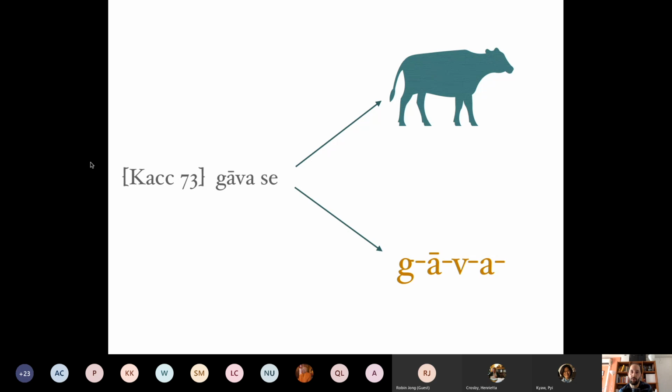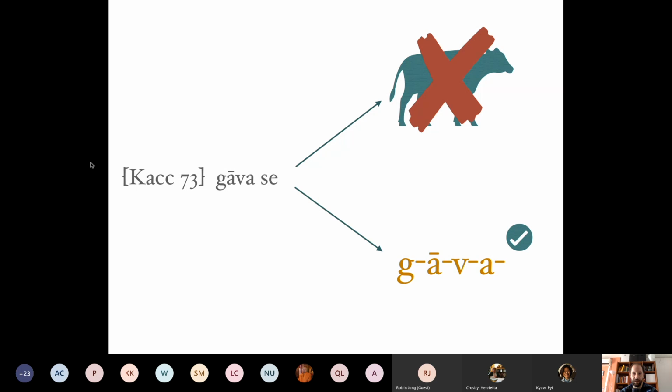But when we are reading a grammar, we may have a doubt here, because if the grammarian is using the word gava, we do not know whether he refers to a real cow. So does it mean that we have to apply the genitive case ending to a cow? And that would be very difficult. Or does it mean that we have to apply the genitive case ending to the own form of the word, that is the sound, the sequence of sounds, g, a, v, a.